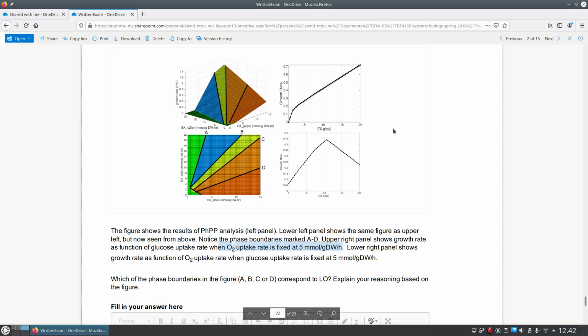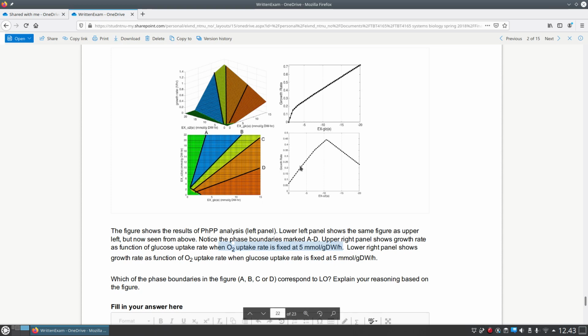And then we see here that we have a bit of a bend at somewhere over 6. If we look here, that is this interface between green and orange. Because we see here the interface between green and orange, for a glucose uptake of 5, is at an oxygen uptake of about 6, which fits more or less with what we see in this slight bend here.